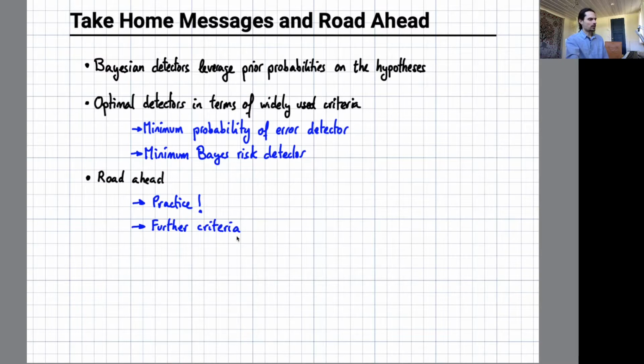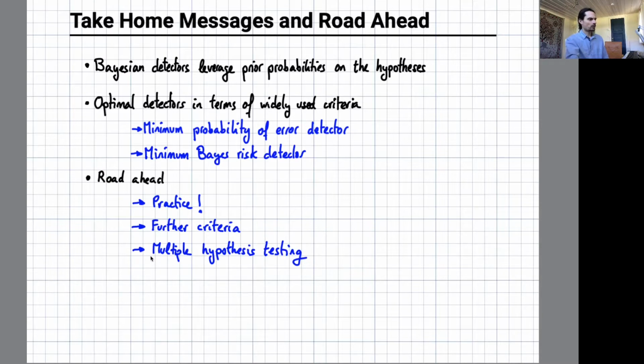Besides the estimators and detectors that we looked at here, such as the MVU, the BLUE, maximum likelihood, least squares, then we saw the most powerful test, the uniformly most powerful test, the minimum Bayes risk detector, and so on. Besides those, there are many other possible criteria that we didn't have time to cover, but now you have the background necessary to read about them and use them whenever needed.